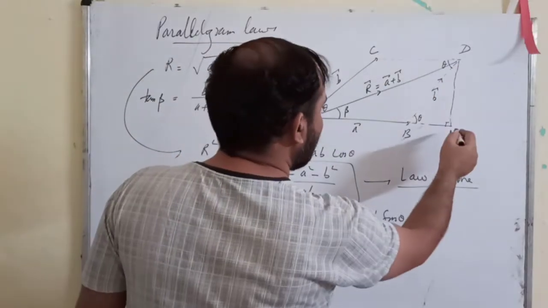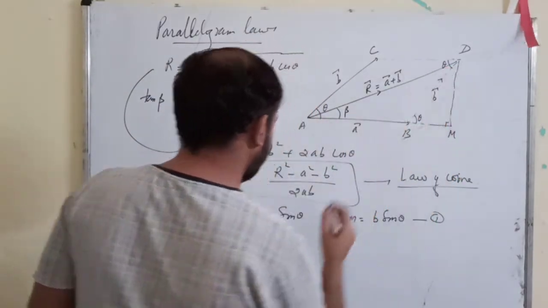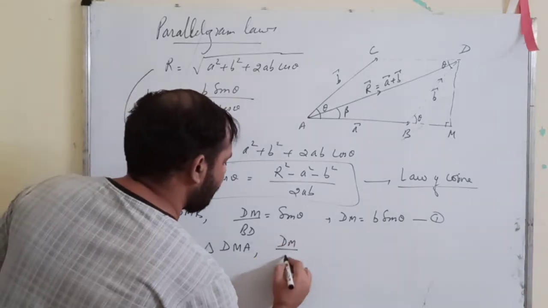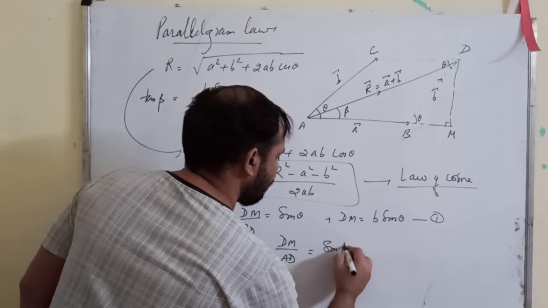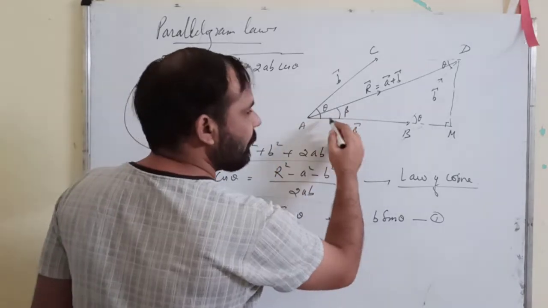How much is DM upon AD? DM upon AD equals sin beta, because this angle is beta here.